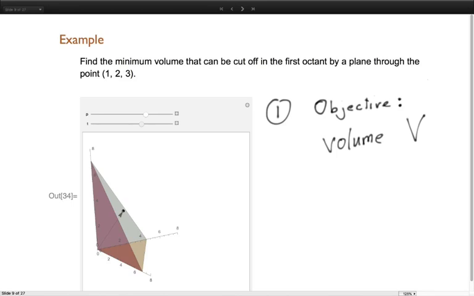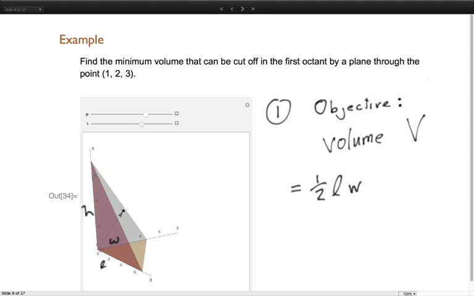First, we'll label the three sides, length, width, and height. And we'll start off by saying that for the volume, we get the area of the base, which of course is just a triangle. That's where this 1/2 length times width comes from.